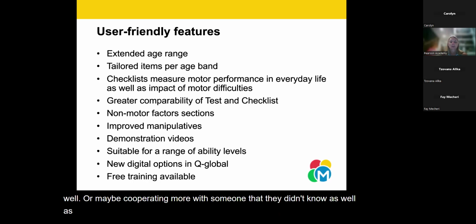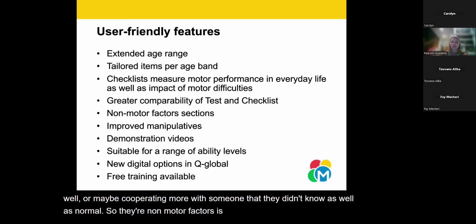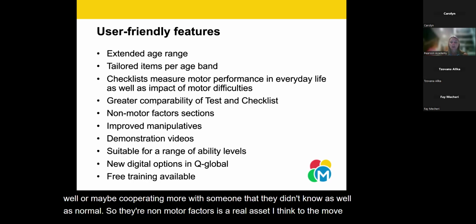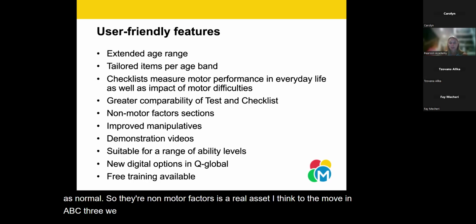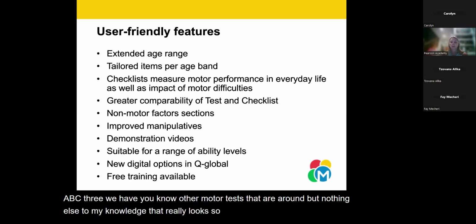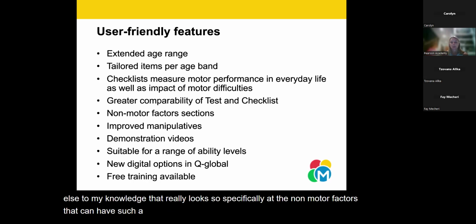So the non-motor factors are a real asset, I think, to the Movement ABC-3. We have other motor tests around, but nothing else to my knowledge that looks so specifically at the non-motor factors that can have such a big influence on a person's motor performance.